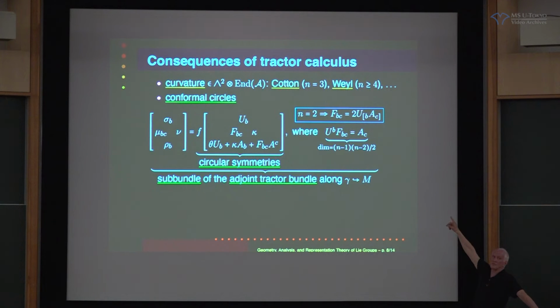Okay? And so there'd be no freedom at all. More generally, you can take f to be that, plus anything which is a symmetric form, like in the orthogonal direction. So that's the dimension of the orthogonal Lie algebra in the complementary direction. That explains that (n-1)(n-2)/2.